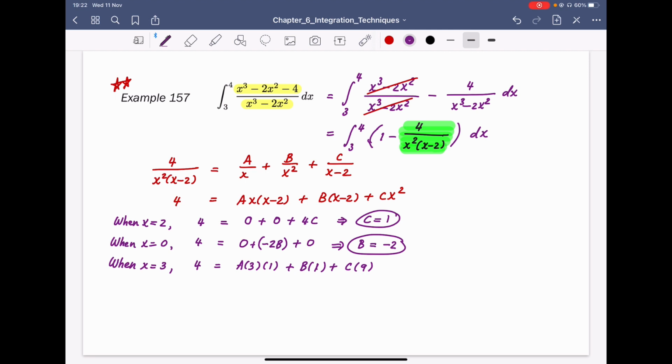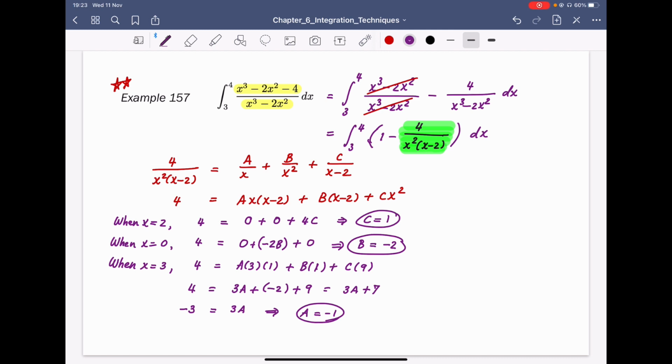Now I have 4 equal to 3a plus, well, b is negative 2, and c is 1. That means 3a plus 7, so negative 3 equal to 3a, and that means a equal to negative 1.